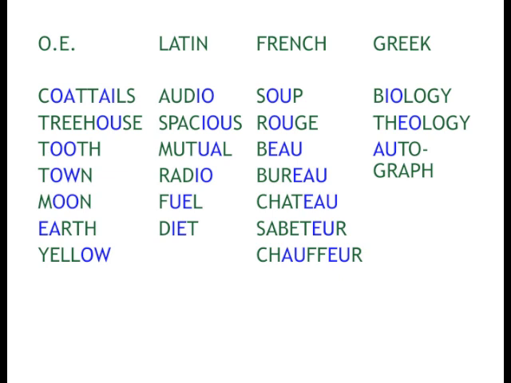In French, you can sometimes have three-letter vowels, like in beau, bureau, or chateau. And in Greek, there are a few two-letter vowel teams, but usually there are not. And the vowels will sometimes divide. They divide in words like biology or theology.